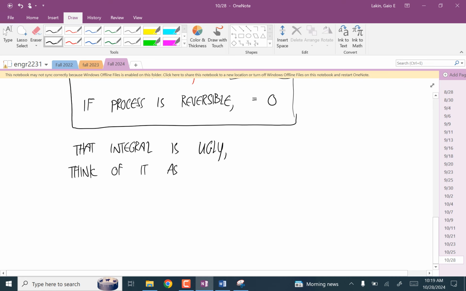We're going to think of a finite number of temperature regions on the boundary, and just think of this as the sum of the heat transfers divided by the temperature at that boundary. Okay, so this is something we're going to be able to calculate.